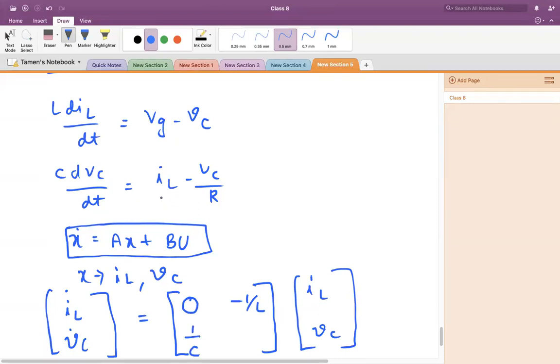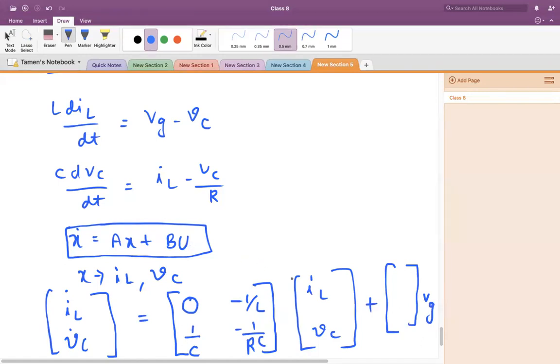In terms of VC, it will be minus 1 over RC. Plus there will be some input, x dot equal to Ax plus B into u.